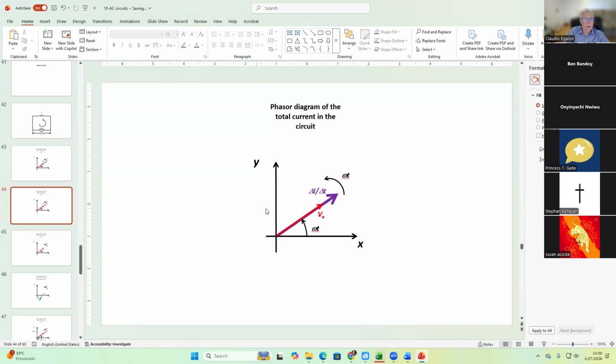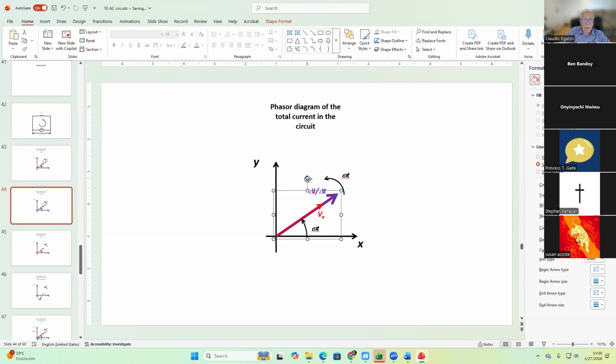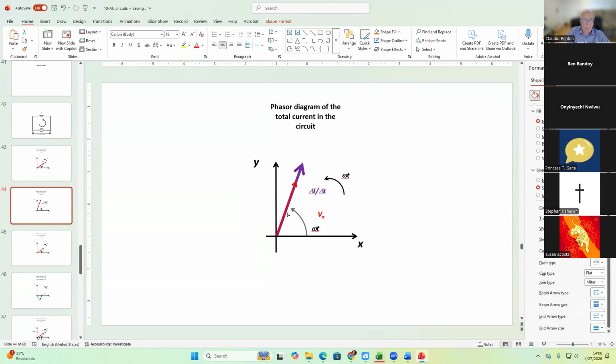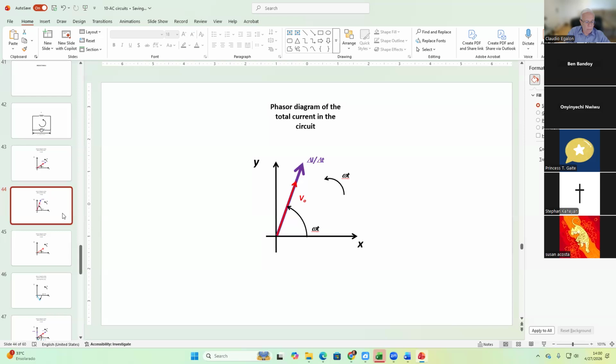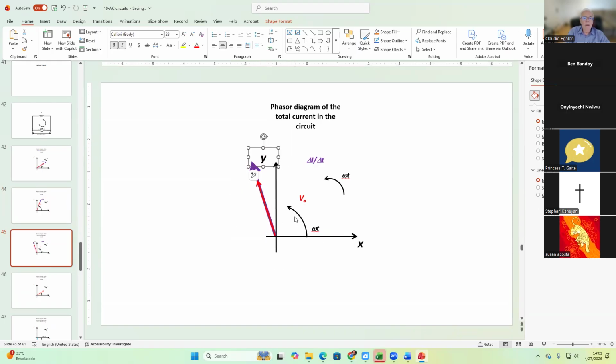Here you go. Group, rotate. Here you go, rotate.